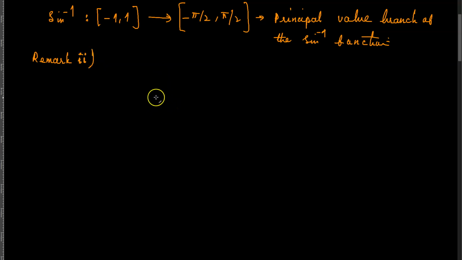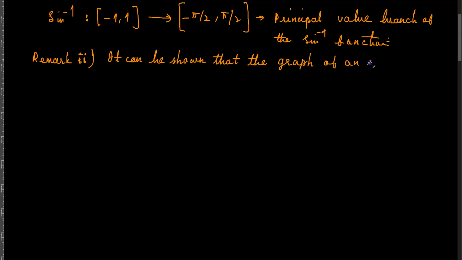It can be shown that the graph of an inverse function can be obtained from the corresponding graph of the original function as a mirror image, which is basically a reflection along y is equal to x.